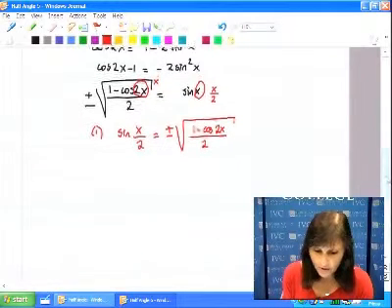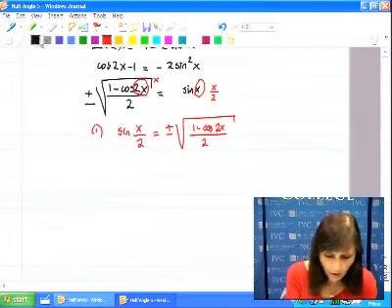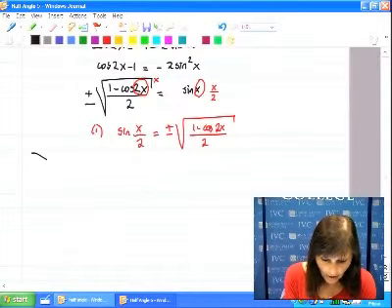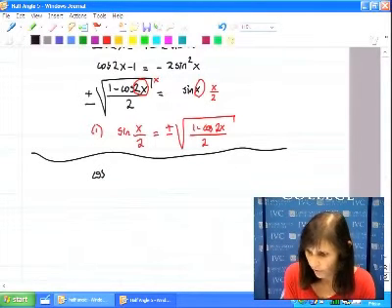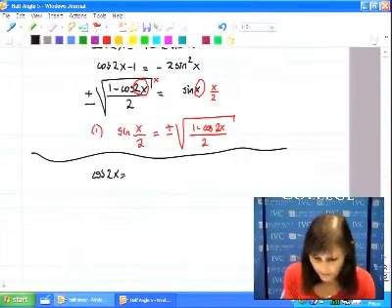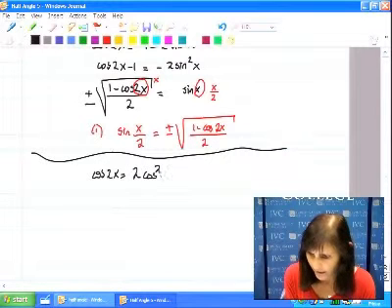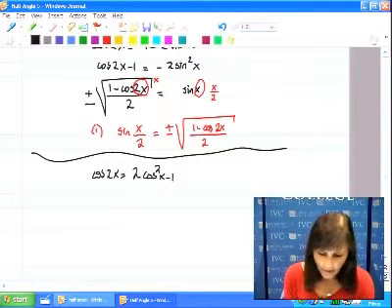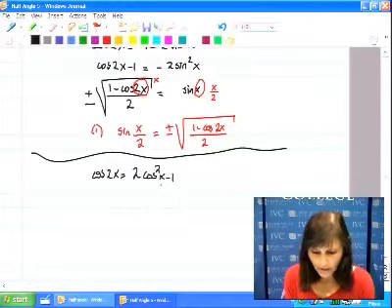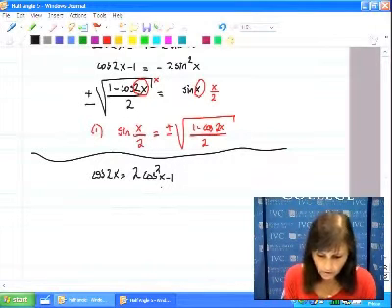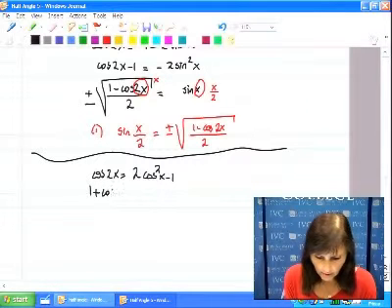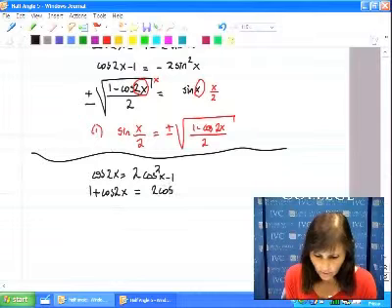Okay, let's do the same thing for the other one. I know that cosine of 2x is also 2 cosine squared x minus 1. Now let's isolate cosine squared. Add 1 on both sides: 1 plus cosine 2x equals 2 cosine squared x.